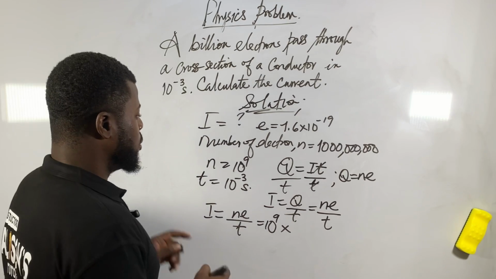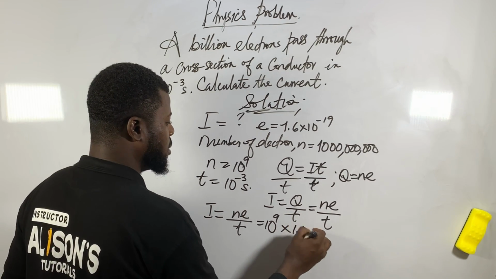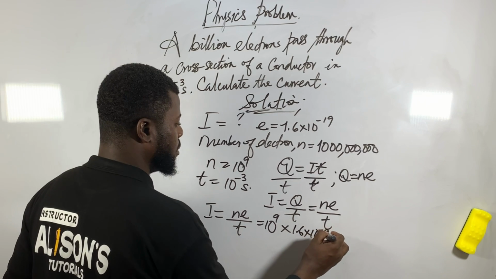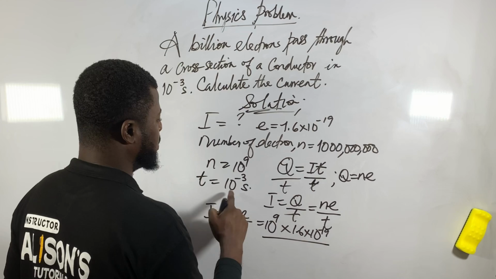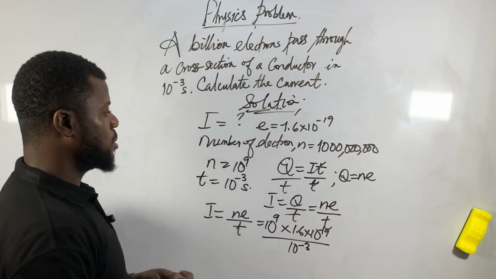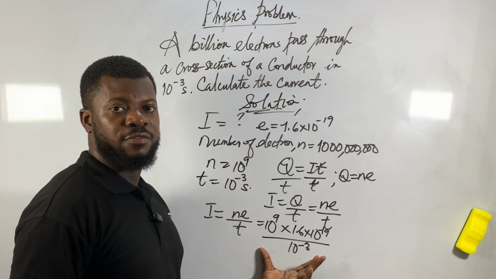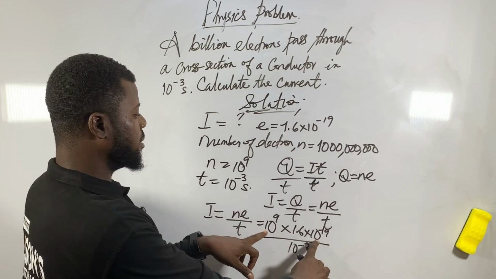Don't forget, you will multiply the number of electrons times the charge. It will be 10 to the power of 9 times 1.6 times 10 to the power of -19, all over the time, 10 to the power of -3 seconds. It's simple. I don't even need a calculator; use indices. On the numerator, the base is the same, 10.